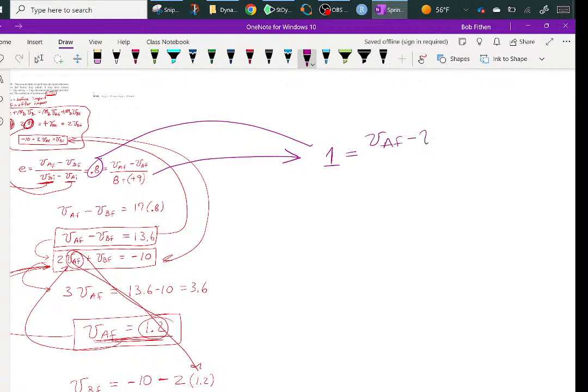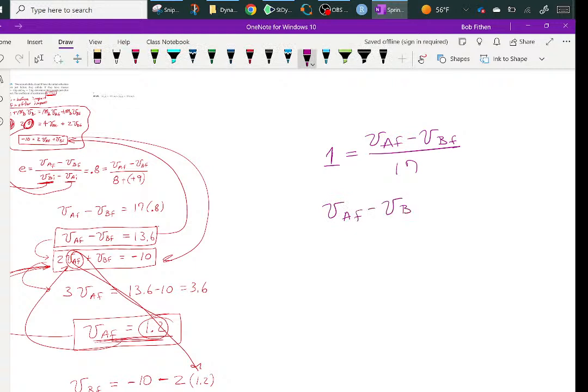VAF minus VBF over, and that ends up being 17. So then I move that over and I get VAF minus VBF equals 17. And instead of that, look at this one. But I still get 2 VAF plus VBF equals minus 10.